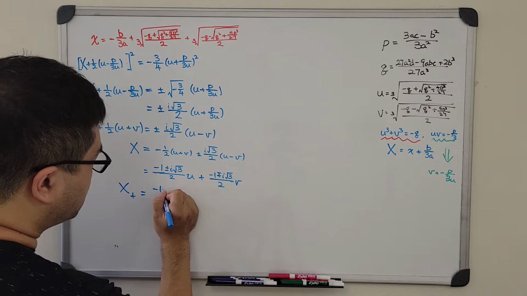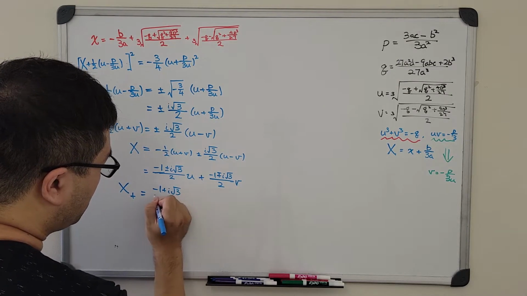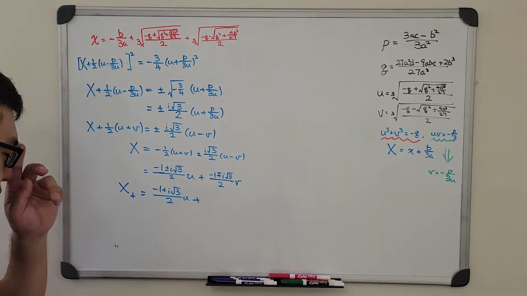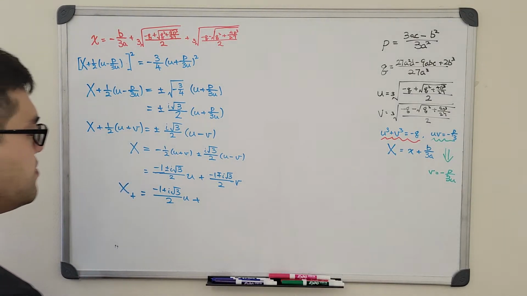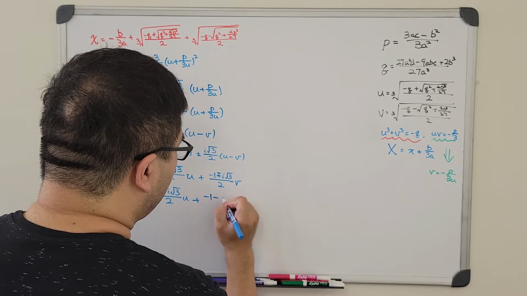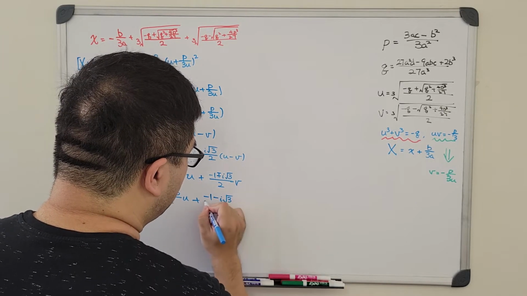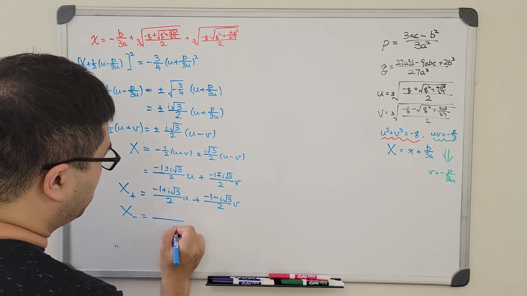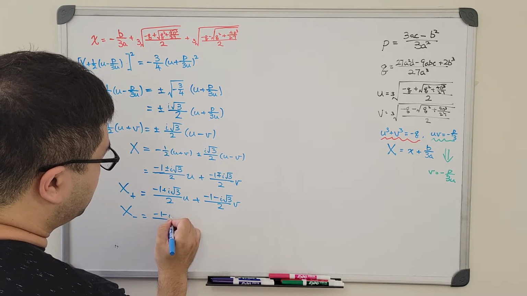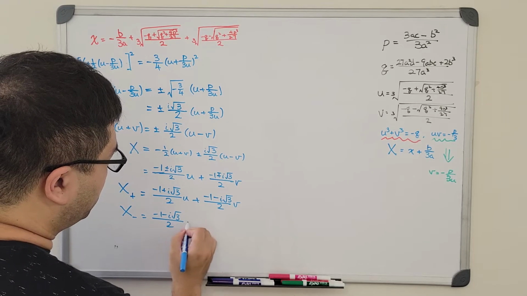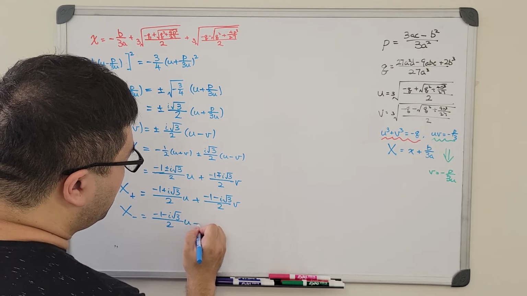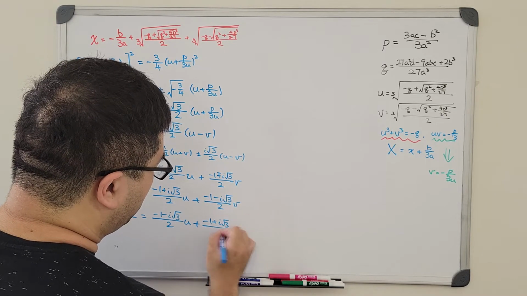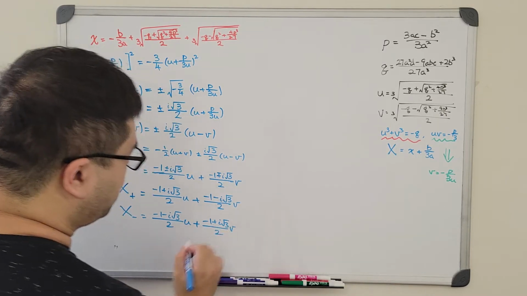We are going to get (-1 plus i radical 3) over 2 times u plus (-1 minus i radical 3) over 2 times v, where the minus solution will provide us (-1 minus i radical 3) over 2 times u plus (-1 plus i radical 3) over 2 times v.